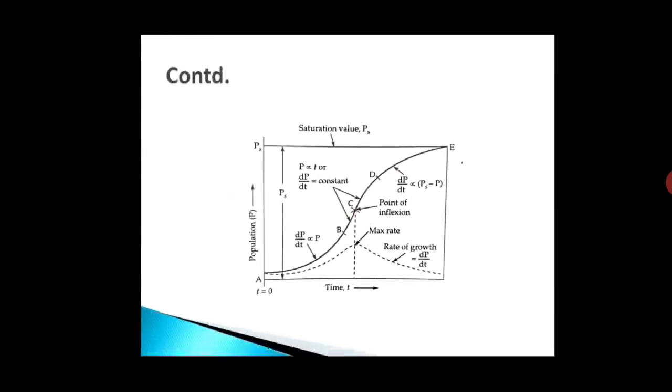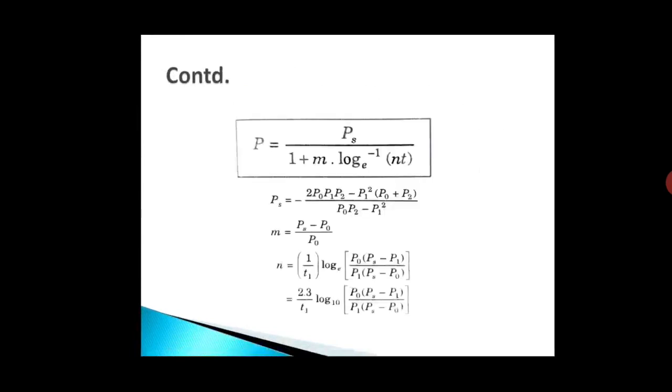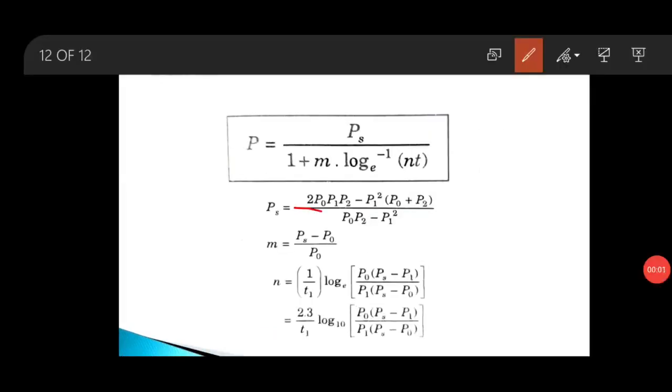By using the logistic curve method, the population P at any time t is found by the required formula: P equals Ps divided by 1 plus m into log inverse nt, where Ps is the saturated population and m and n are constants, and the formulas for finding out Ps, m and n are also given.